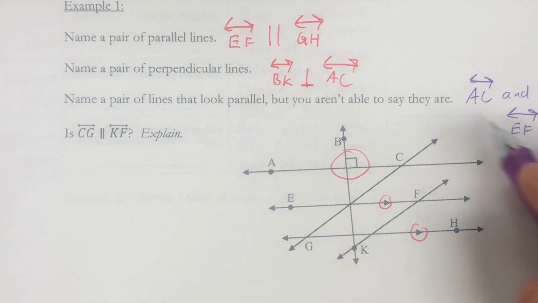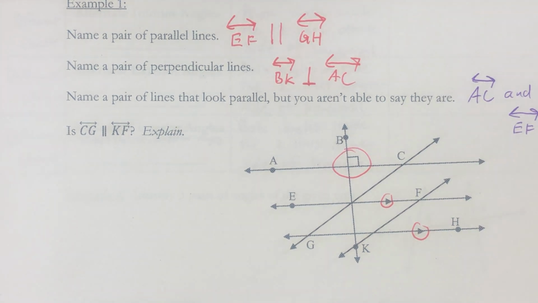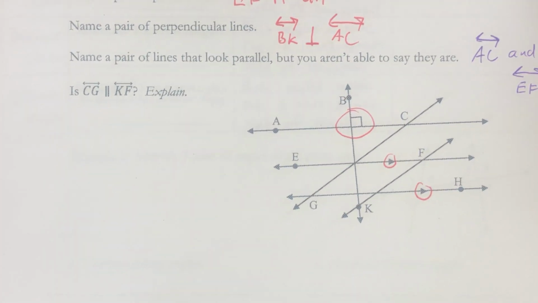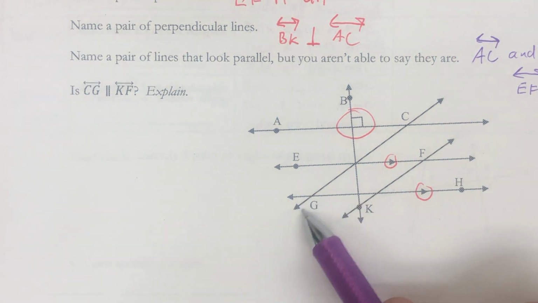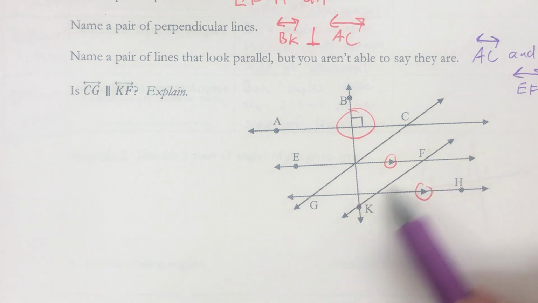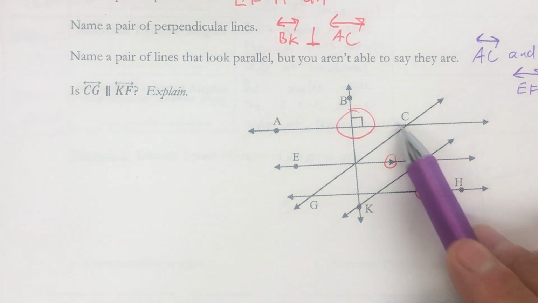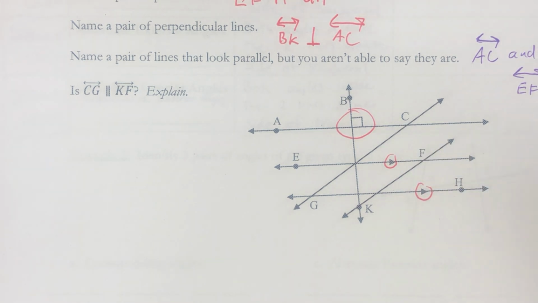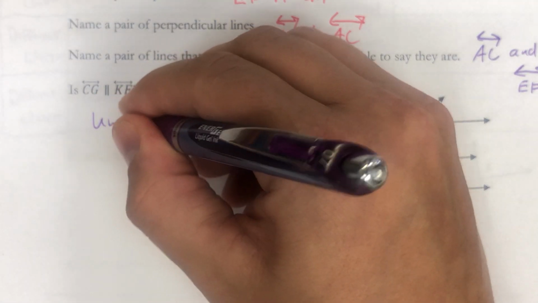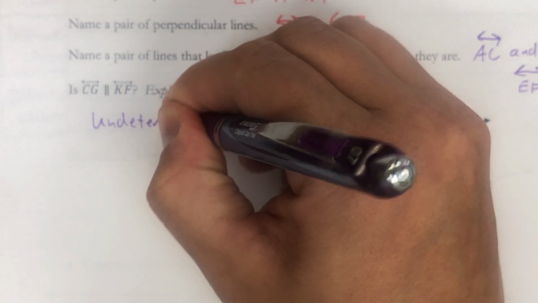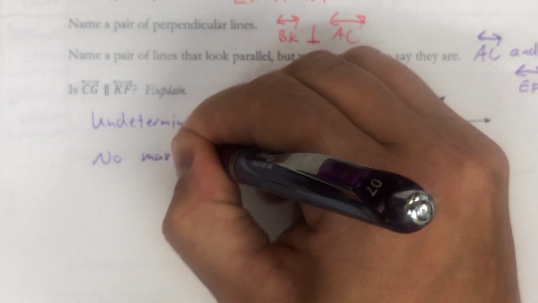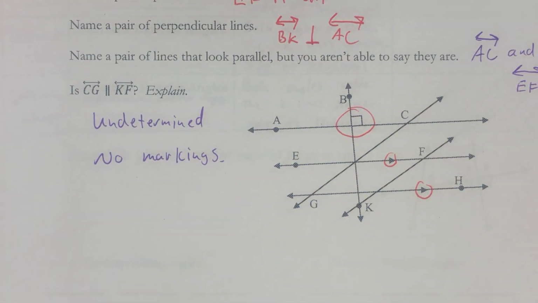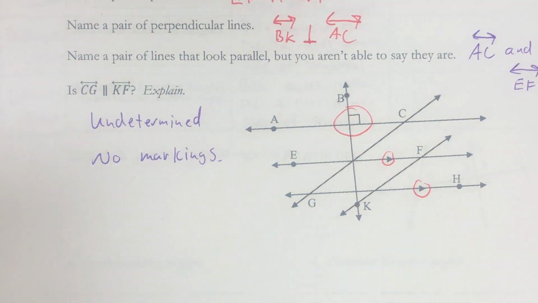And finally it asks, is CG parallel to KF? So CG is here, KF is here. Well, they look like they're not going to intersect, but there's no arrow marking, so it's undetermined. No markings. So we have to really look for those markings to ensure that they're parallel or not.